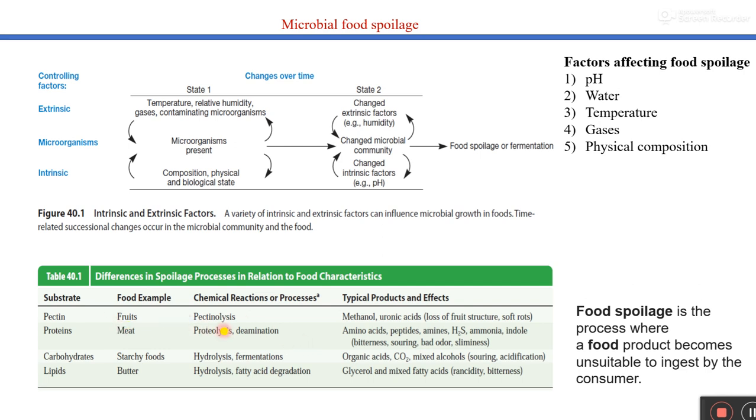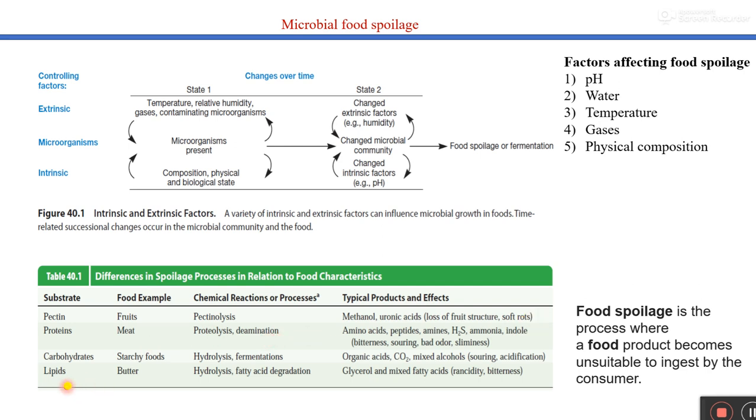For example, in fruits, pectinolysis takes place on the substrate pectin, and as a result, methanol and uronic acid are produced, which results in the loss of fruit structure, and soft rot takes place.